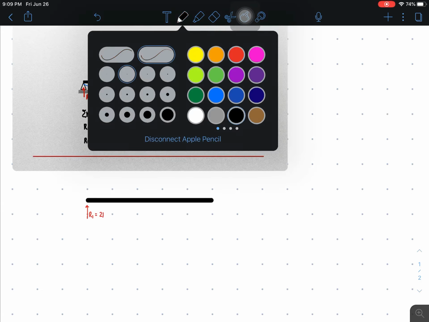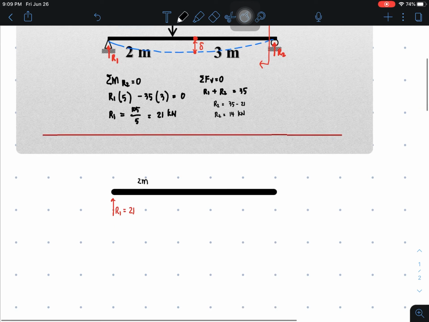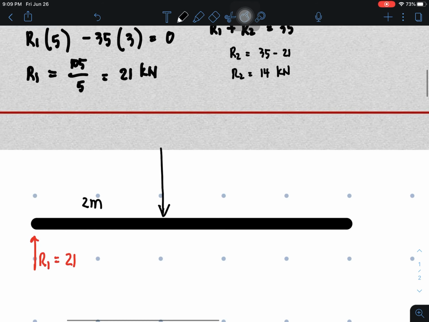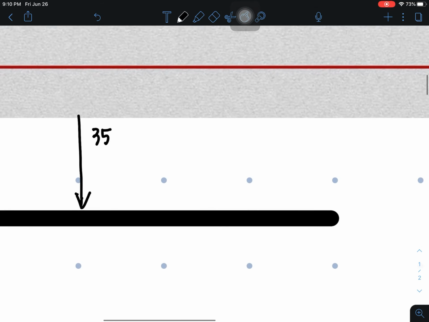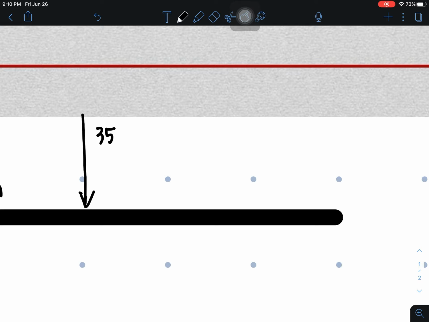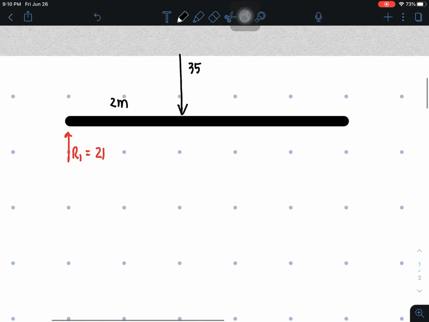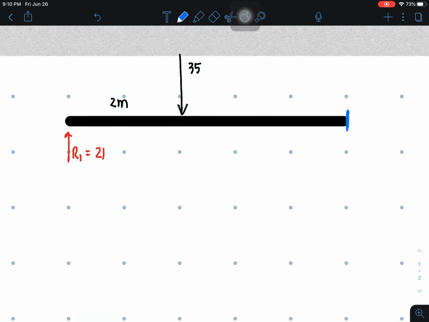And then 2 meters. Then we have the 35 load. And here, this distance is no longer 3 meters, because at this particular point of cutting there is a moment.